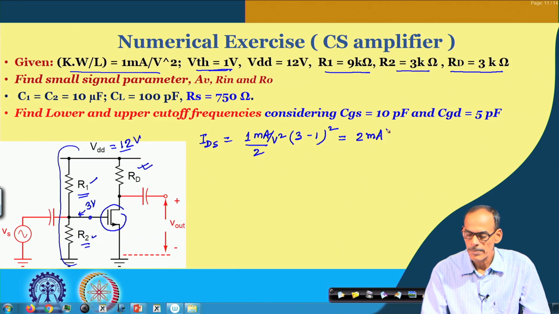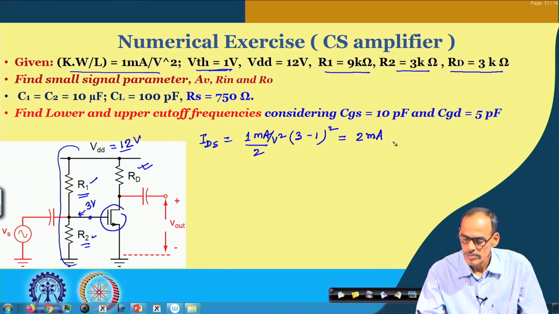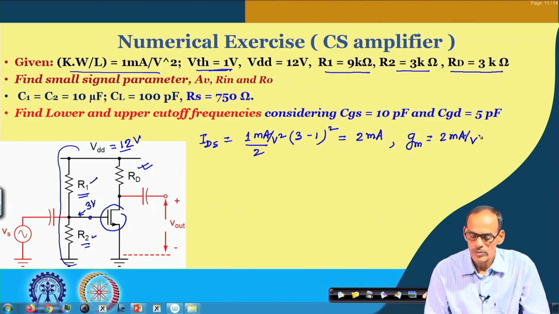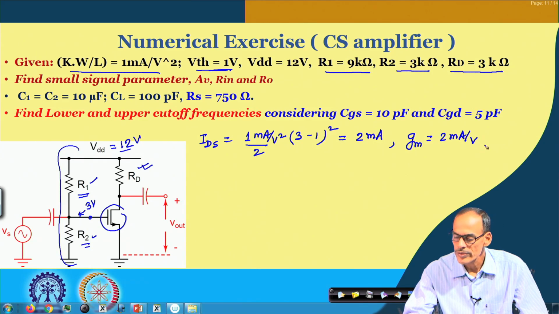In fact, with this we can also get GM of the transistor, which is 2 milliampere per volt. Earlier we have done this calculation, and we can assume that lambda is very small. So, we can say that R naught or RDS is very high.